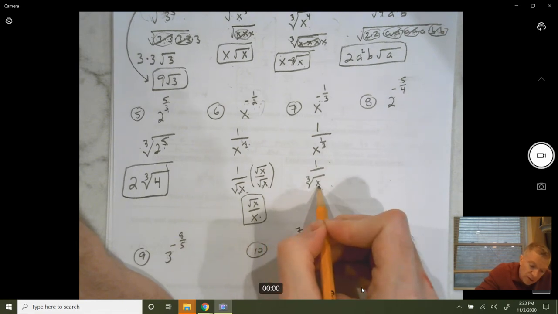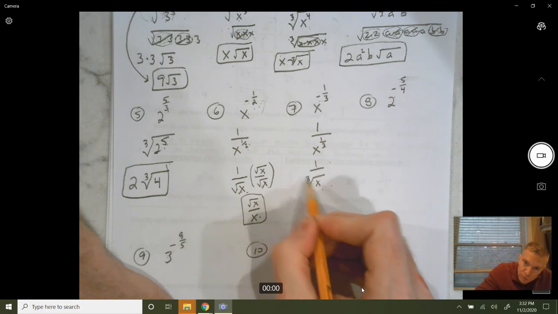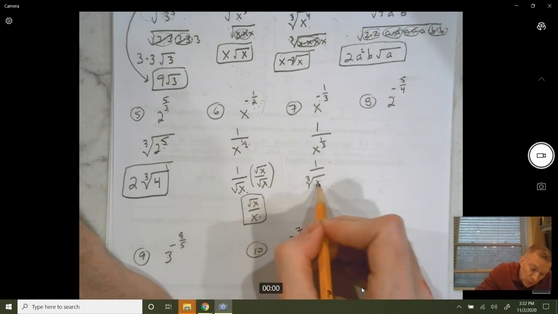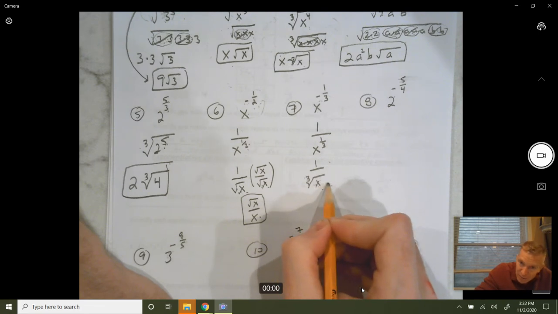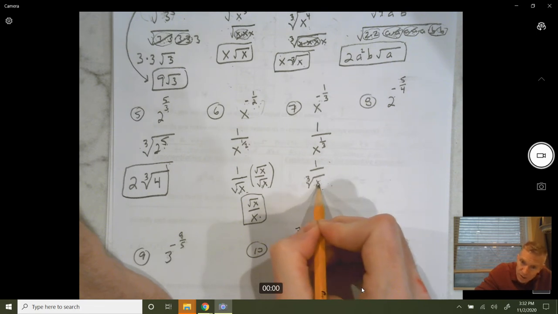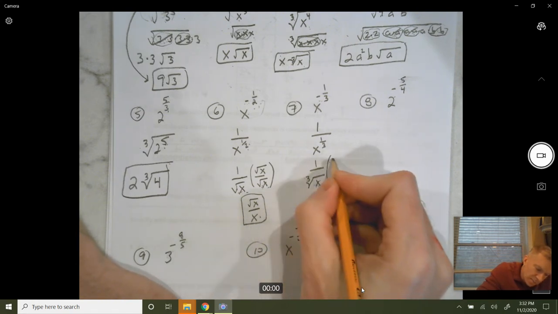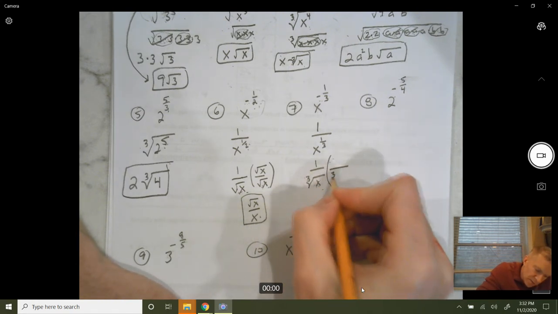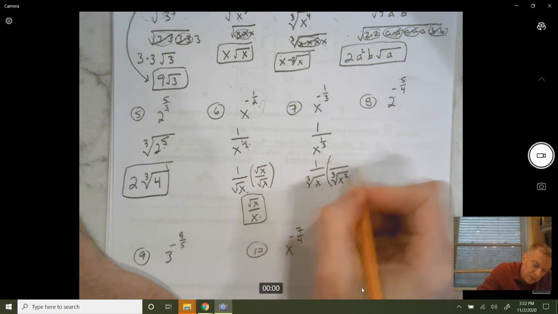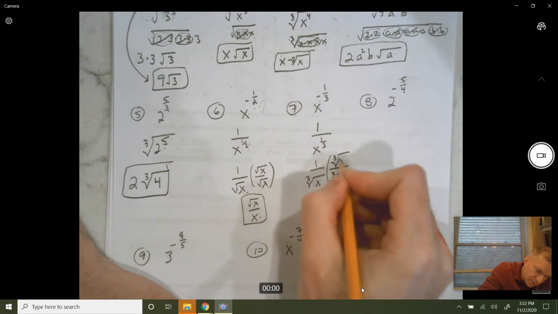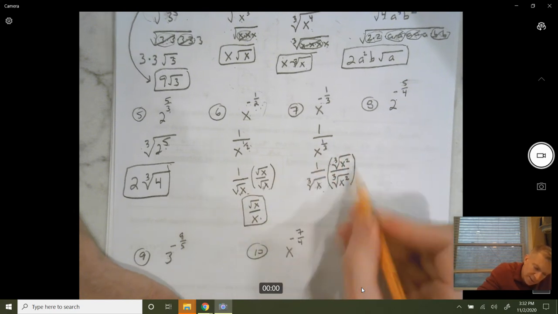And in order to get rid of a cube root radical rather than a square root radical, we need a total of 3 x's under the radical. We only have 1, which means we need 2 more. So we have to multiply by the cube root of x squared. Remember, it's a clever form of 1. So anything we multiply on the bottom, we have to multiply on the top because we're multiplying by this thing.